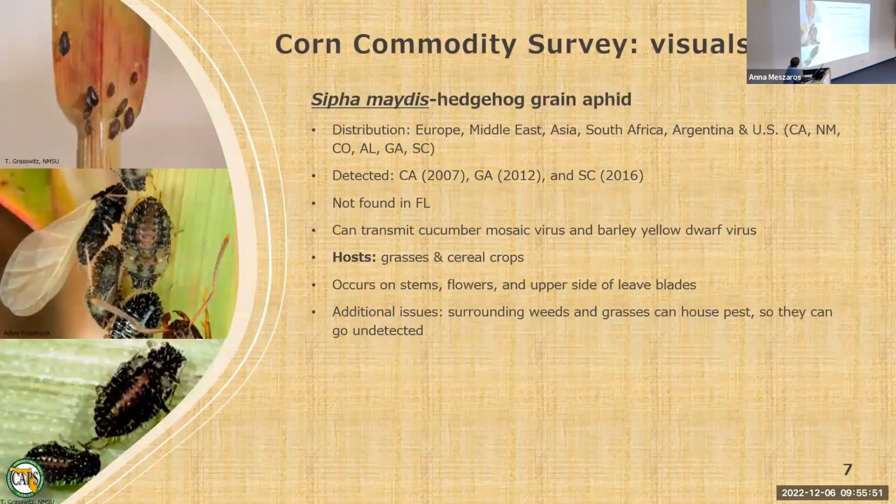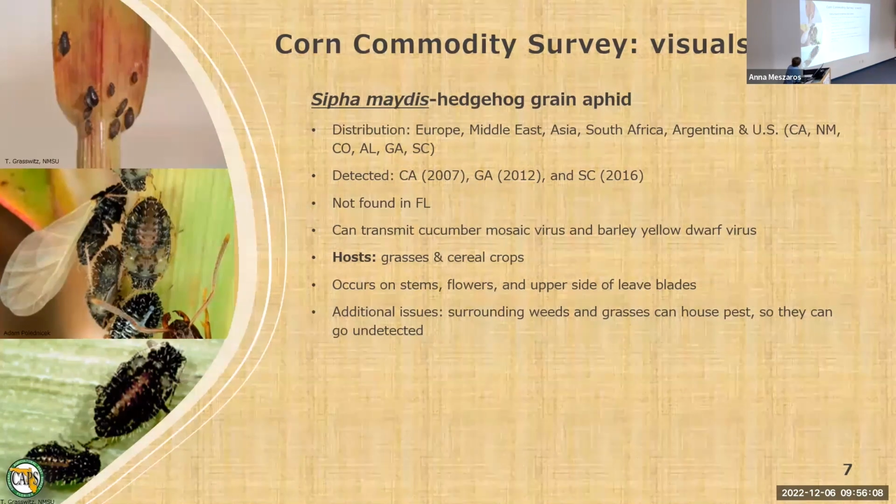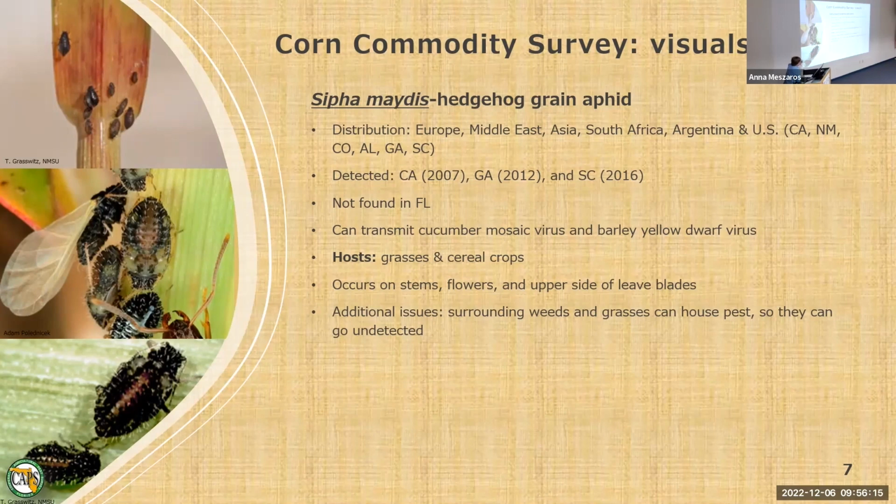And the other visual survey we do is for Cyphamides, and the distribution is basically Europe, the Middle East, and South Africa, and it was detected here in the United States, in California, for the first time. And for all of these pests, for instance, this year we don't have a detection for any of them, so we are fine right now. The host is grasses and cereal crops.